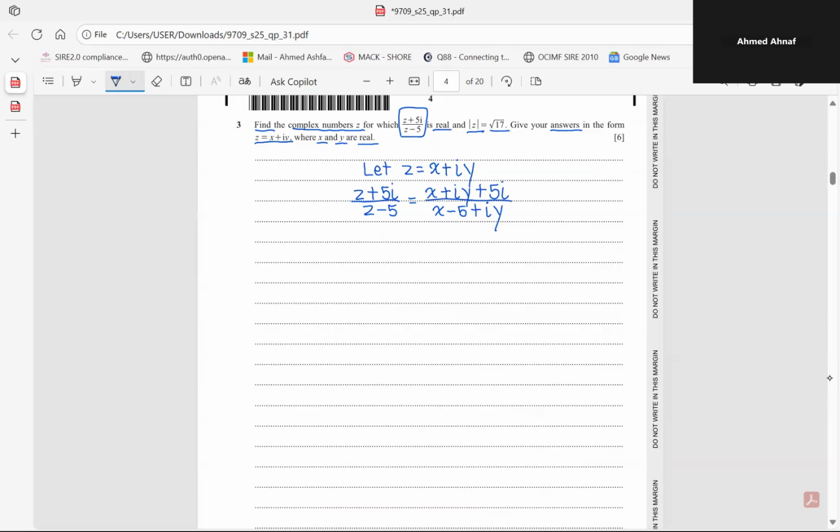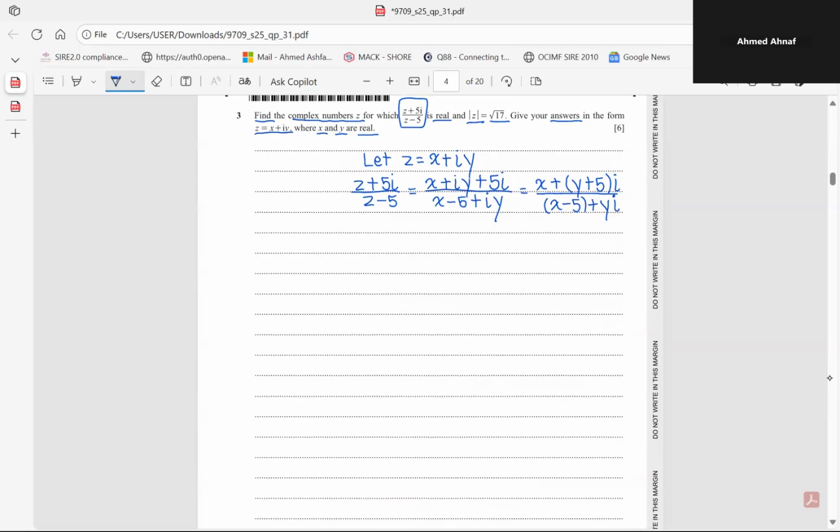Now let's separate the real and imaginary parts. The numerator would be x plus (y plus 5) times i over x minus 5 plus yi.